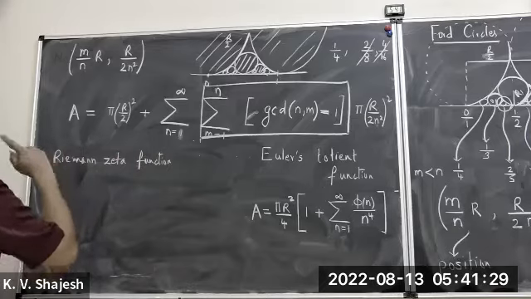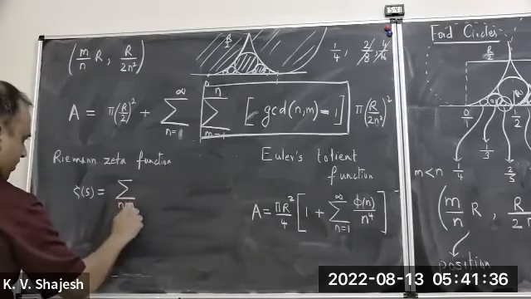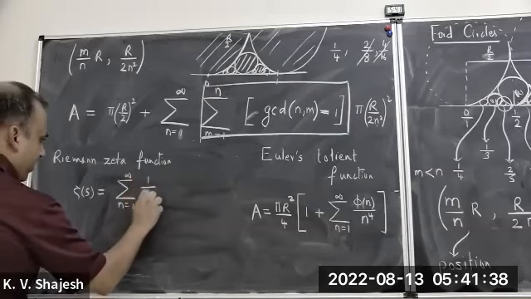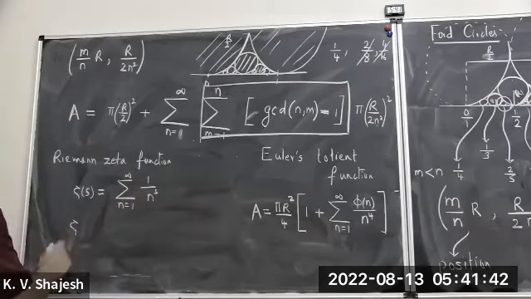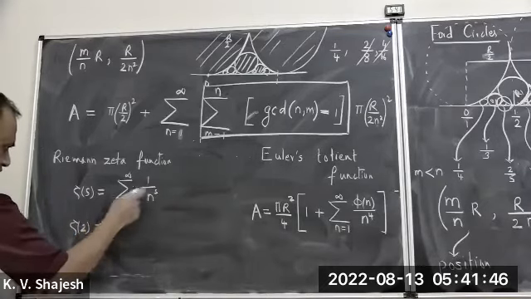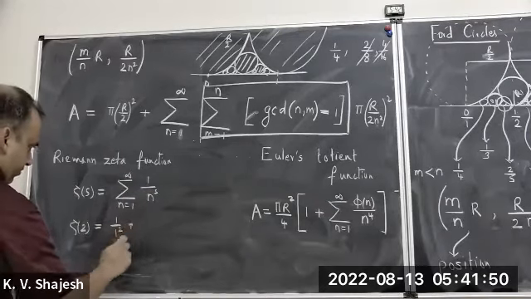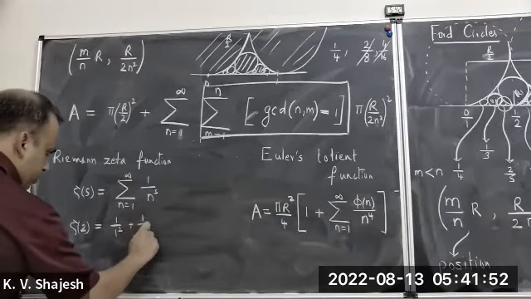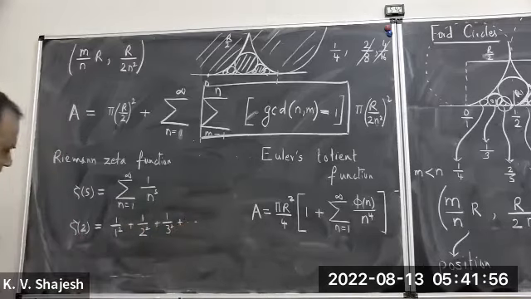So the Riemann zeta function, zeta of s, is the sum from n equal to 1 to infinity of 1 over n raised to s. This means that zeta of 2, for example, is just 1 over 1 squared plus 1 over 2 squared plus 1 over 3 squared and so on. That's what we mean by that.